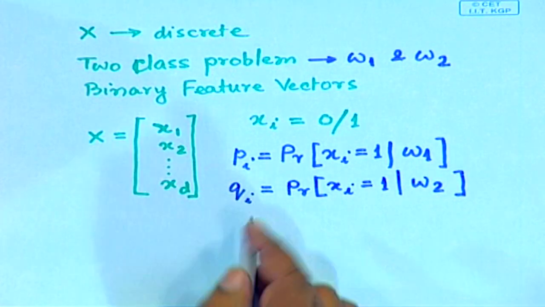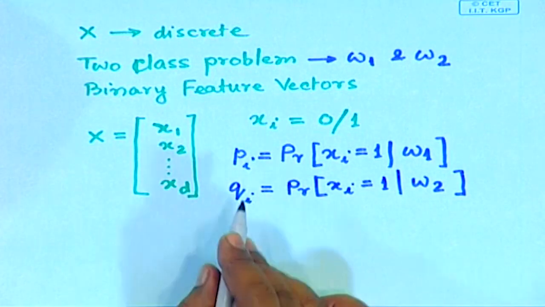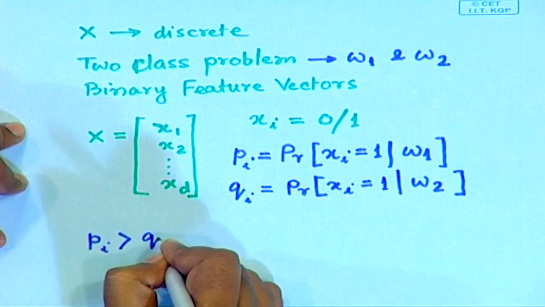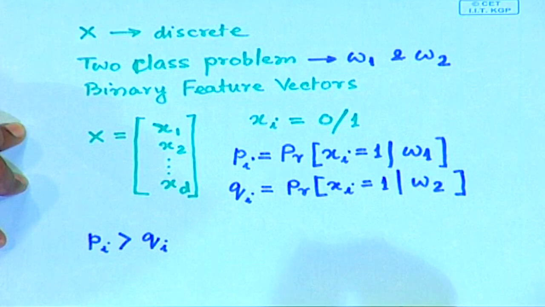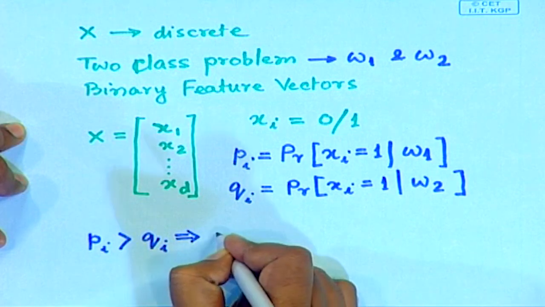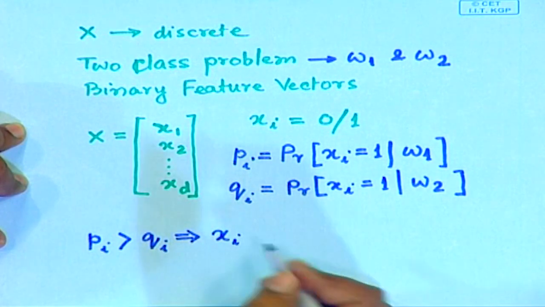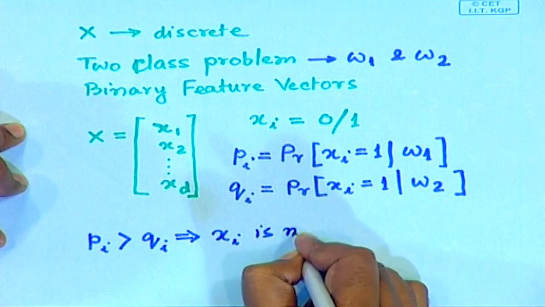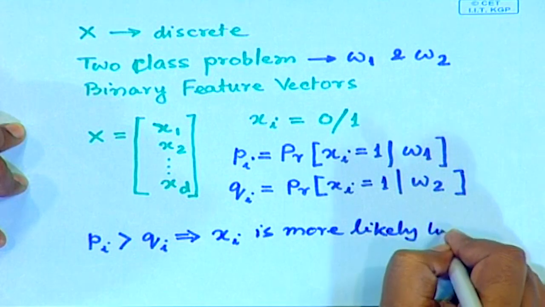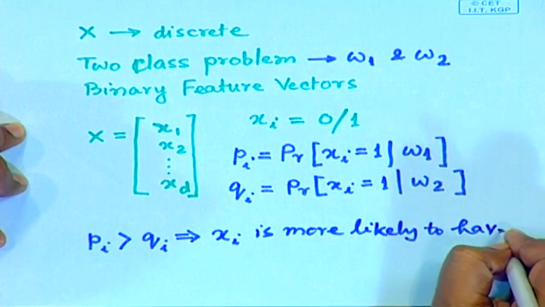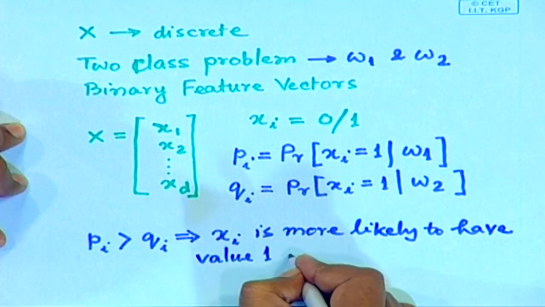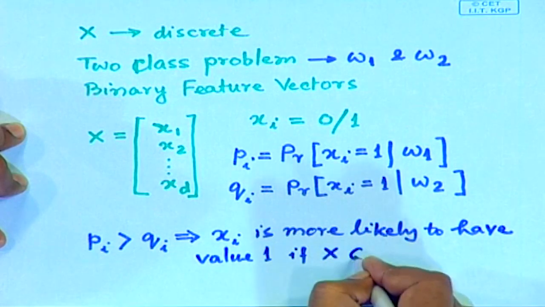Given this type of probability measures, it simply means that if pi is greater than qi, then the ith component xi is more likely to have value 1 if x belongs to class omega 1.